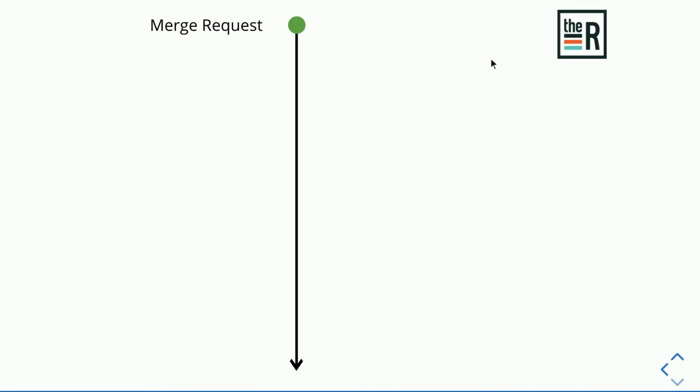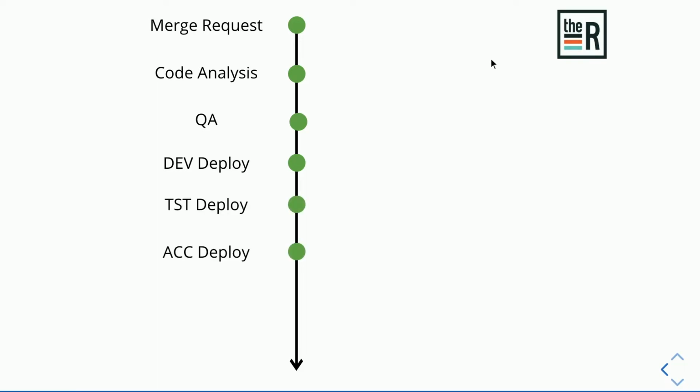So we are going to create a merge request with that change. We are going to see whether the code is okay, that everything is done in a good way. Then we will do some quality assurance using Behat. And then we will deploy it to our development environment. Then we will see on the development environment whether everything is looking fine.